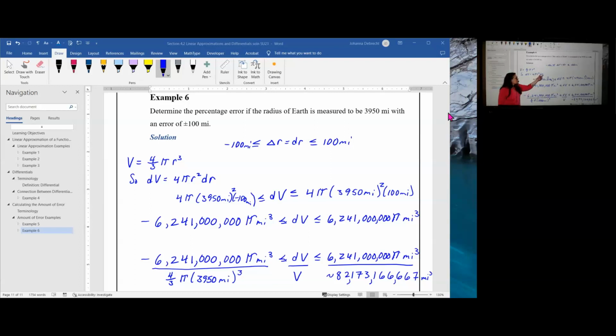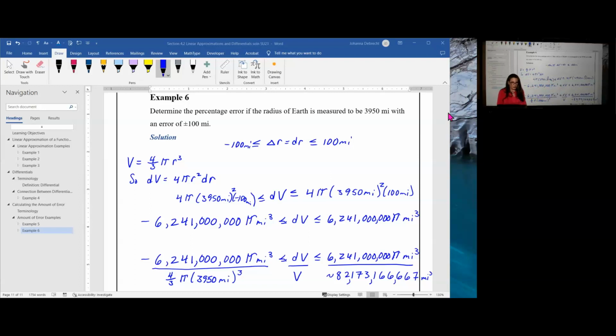This gives us 4 pi r squared times dr. Then we use the dr values that we found up here and the measured radius of 3,950 miles to compute the change in the volume, which is dV. When we multiply it out, we end up with 6,241,000 as the change in the volume. Negative on the left, positive on the right.